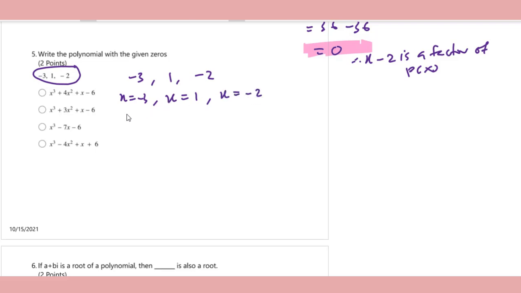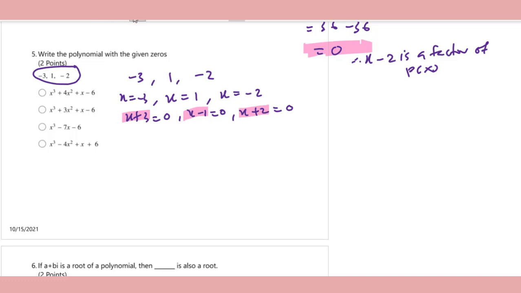Roots. So x plus 3 is equal to 0, x minus 1 is equal to 0, x plus 2 is equal to 0, or we can say that x plus 3, x minus 1, x plus 2 are linear factors of this polynomial.